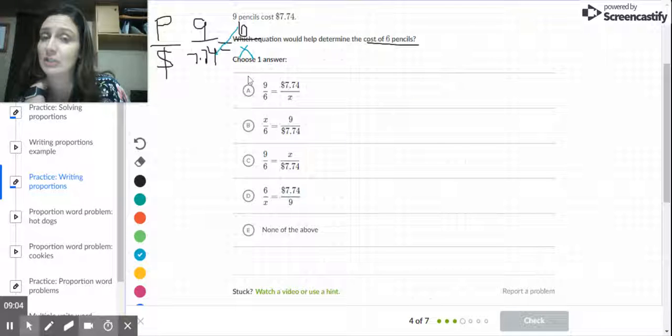The only thing I need to check on A before I choose it is did I multiply the lonely number, the 6, by 774, yes, and then divide by the other number, which is 9, to get the answer.